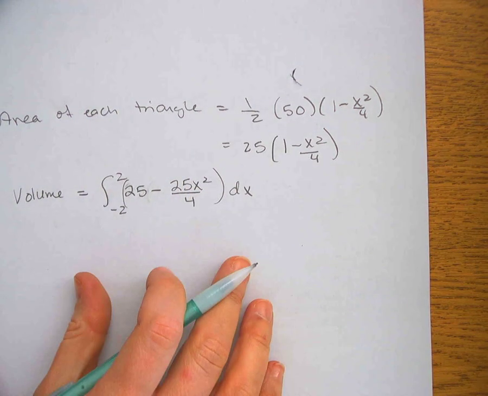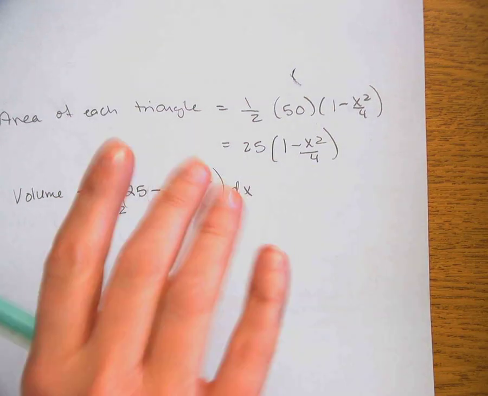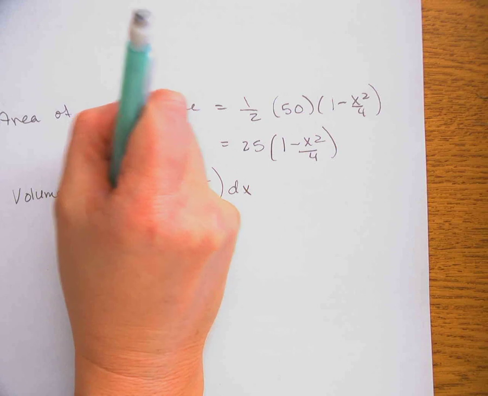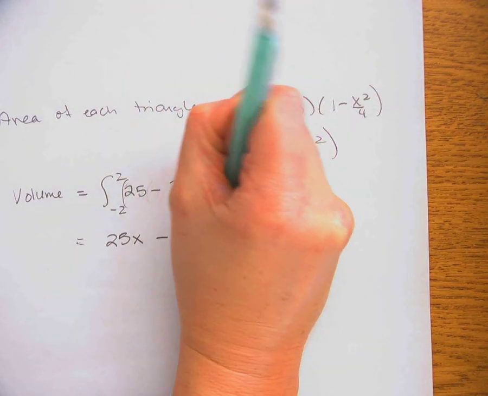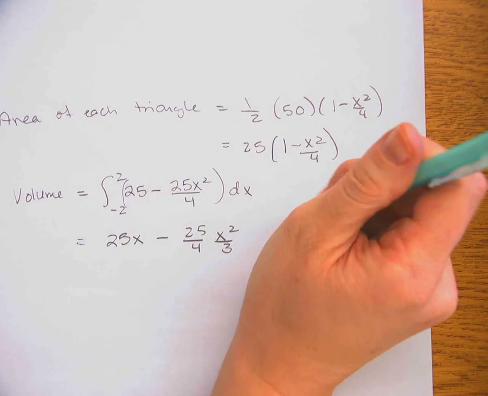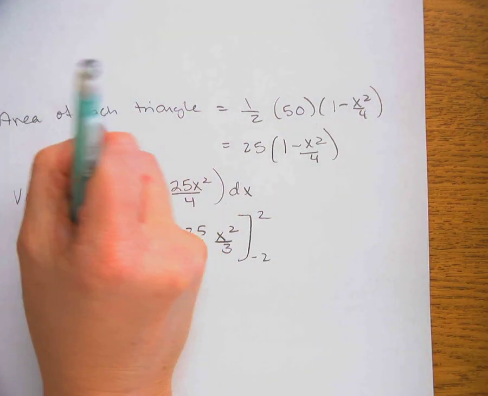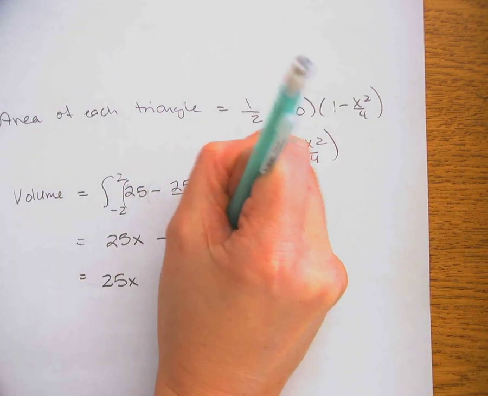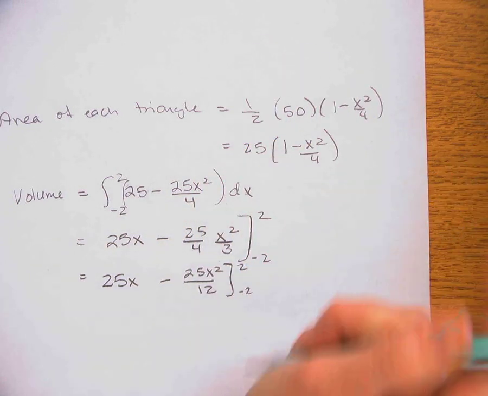That'll make it a little easier to integrate if I can think of it as the difference of two functions instead of the product of two functions. Okay, so then I just go ahead and integrate piece by piece. So it's 25x minus 25/4 times x cubed over 3, and integrate that from -2 to 2. So that's 25x minus 25x cubed over 12 from -2 to 2.